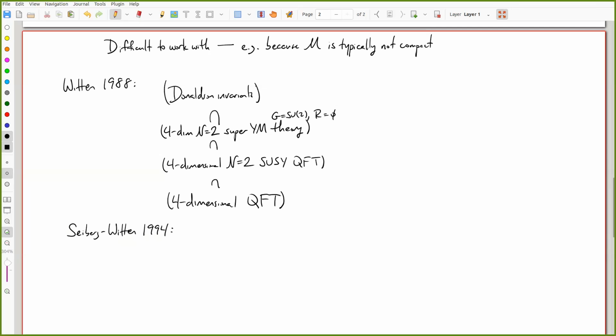But Seiberg and Witten in 1994 gave a solution of, let's say, the low energy dynamics of this field theory, 4D N=2 super Yang-Mills with gauge group SU(2).